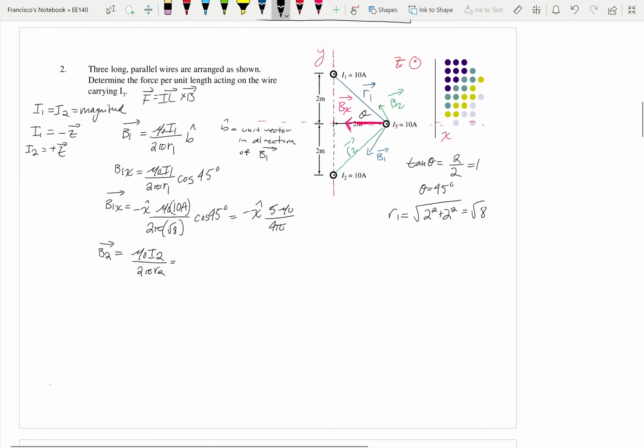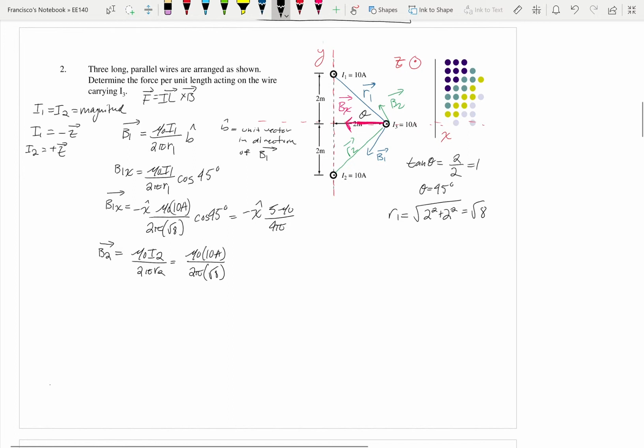This equals mu naught times 10 amperes over 2 pi times the square root of 8. Notice that the magnitudes are the same.